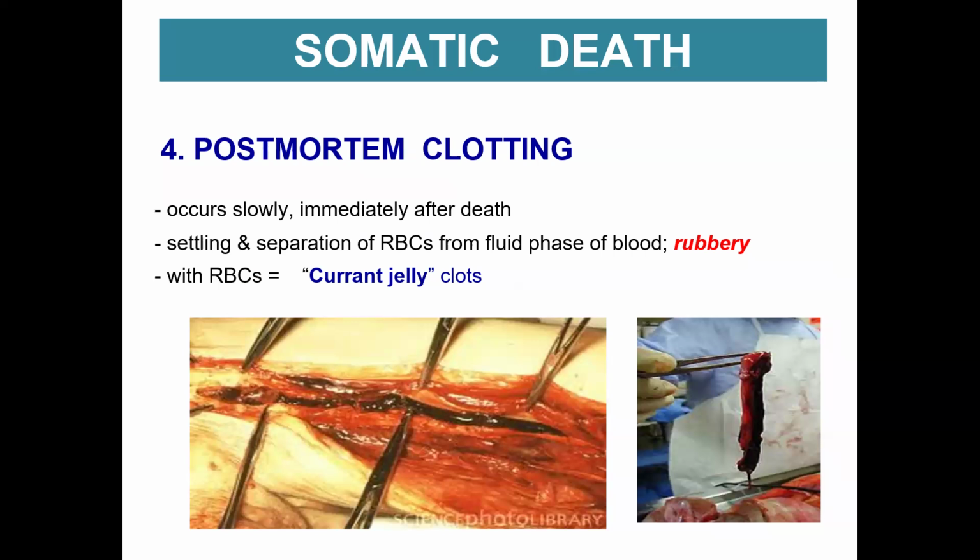There is a difference between the lighter and the darker colors, because of the lines of the platelets, the plasma, and the RBC. However, if it is clotting after death, it is currant jelly.